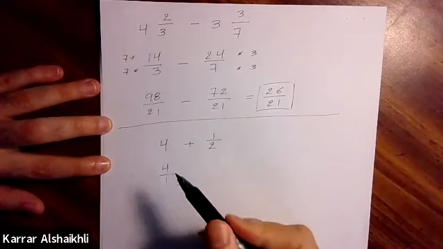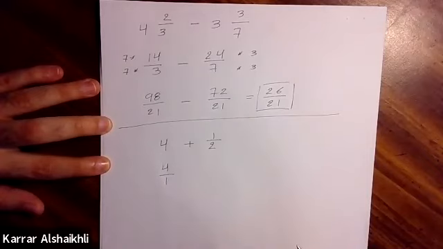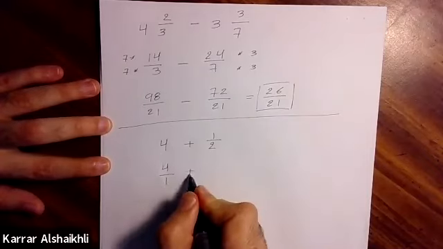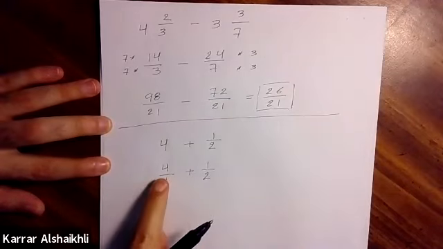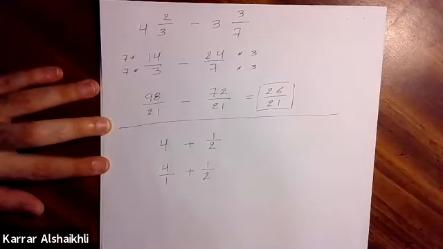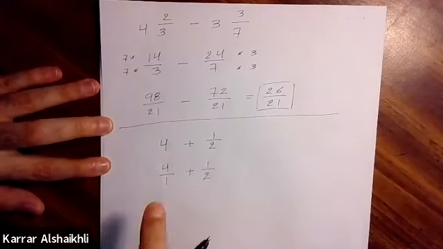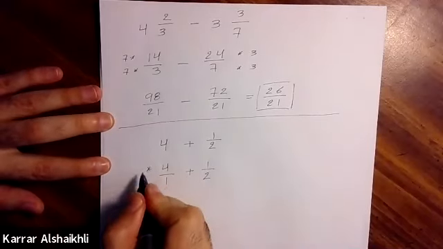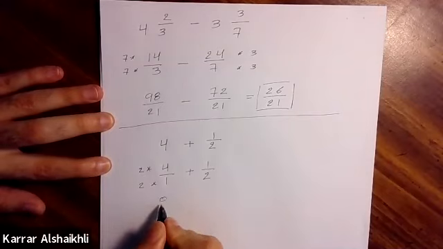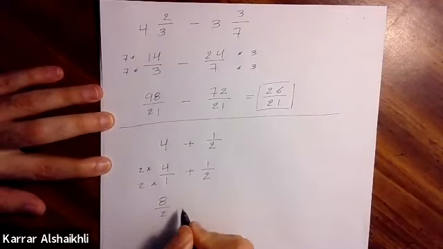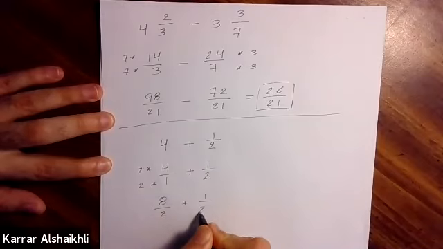Because 4 is the same thing as 4/1. Plus 1/2. So you see, I can write it down like this. Now I can find the common denominator between these two. I just need to multiply this one by 2. So this one is going to be 8/2 plus 1/2.